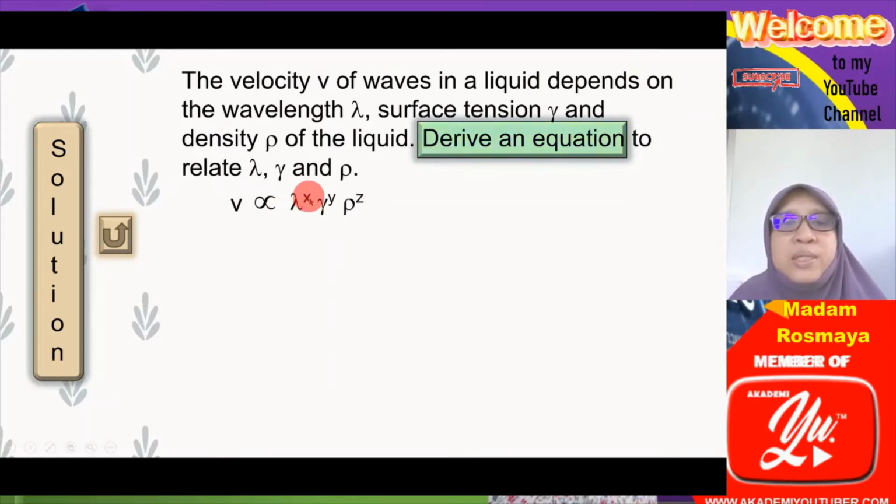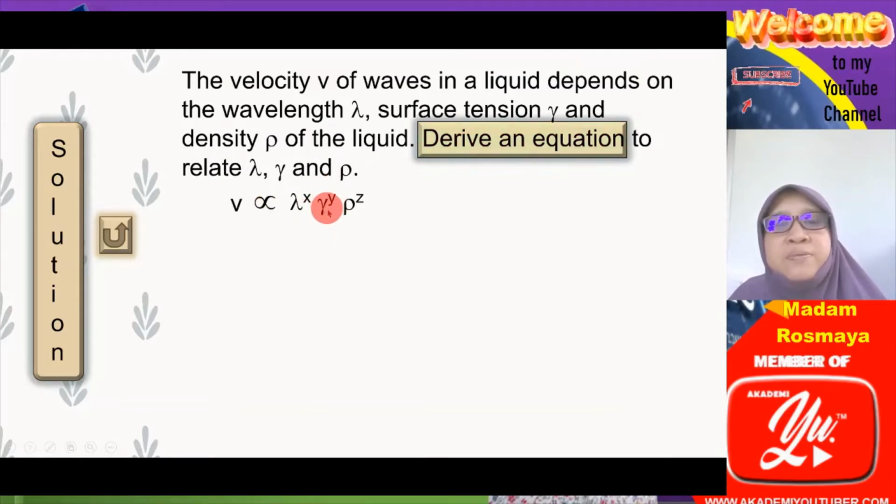So we are going to determine this x value. Same goes to the surface tension gamma. We don't know how v depends on the surface tension, so we just put the power here as y. And for the density rho, we use the power z.